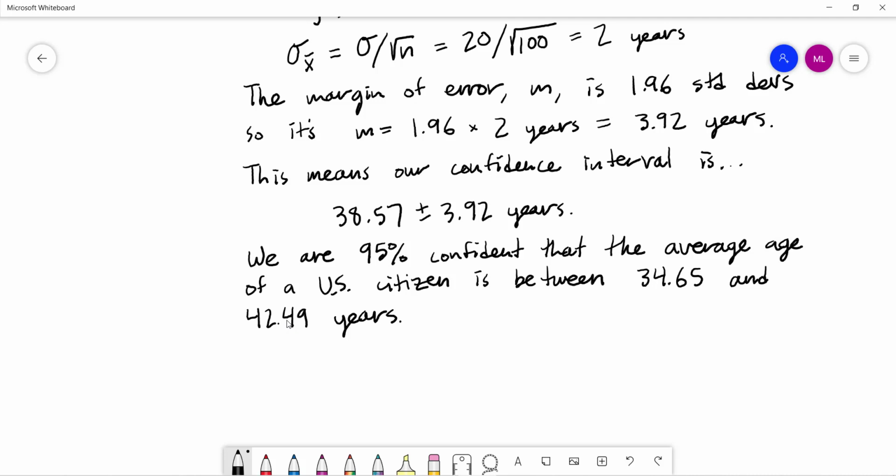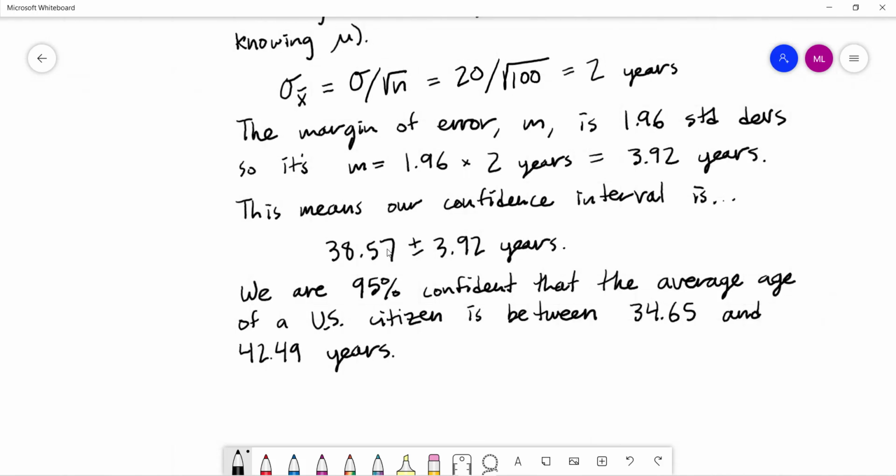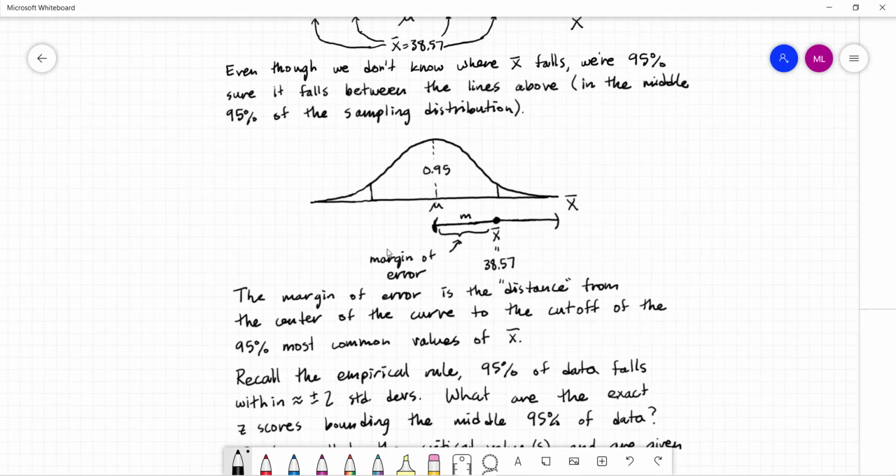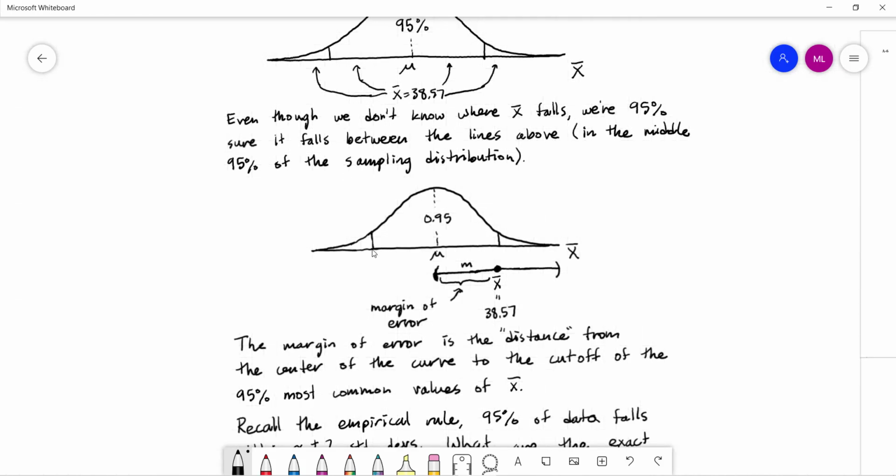And again, a higher confidence level, if I want to be more certain that I'm getting the value correct, what that's going to require is in our picture, if I want to change it to a 99%, I'm going to need to move these boundaries out until they contain 99% of the area. What would that do to our margin of error?